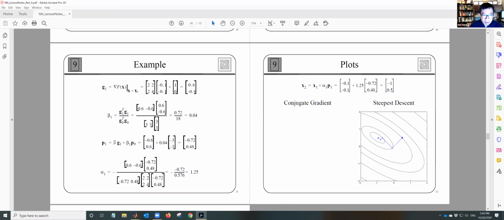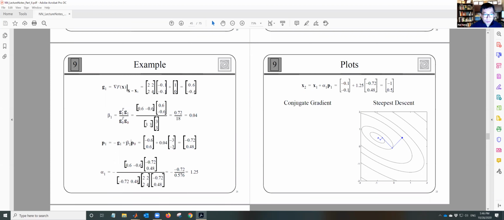It's still along the negative gradient direction, but it's not a strictly negative gradient direction. You actually adjust it a little bit based on beta 1 and the previous search direction.